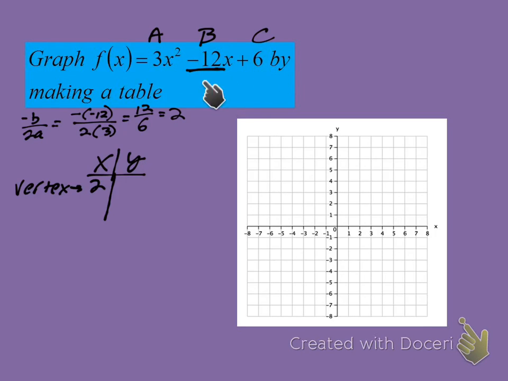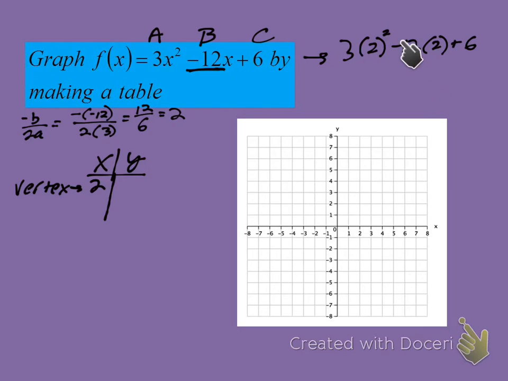Make sense? So I'm going to go up here on top. 3 times 2 squared, minus 12 times 2, plus 6. From there you follow your order of operations.